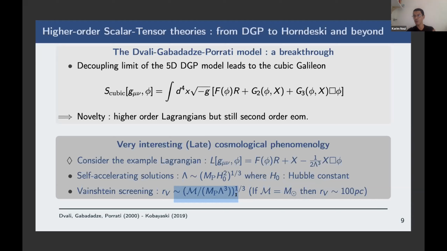If you want, I can give you some references where this is very well explained. In fact, there is a review on those theories, and you have a chapter on Vainshtein screening, where you can see technically where the Vainshtein screening comes from, I think. But the idea is that it really comes from the non-linearity of the theory.